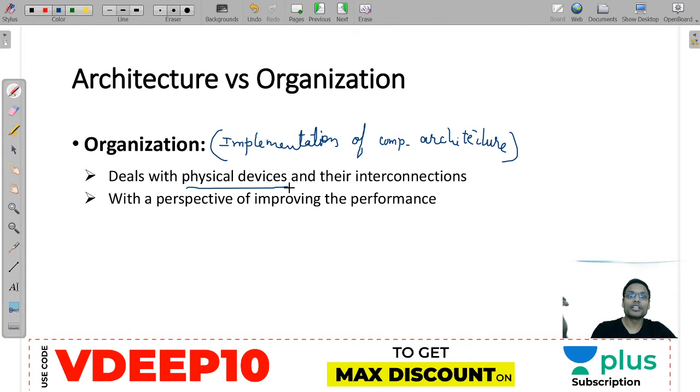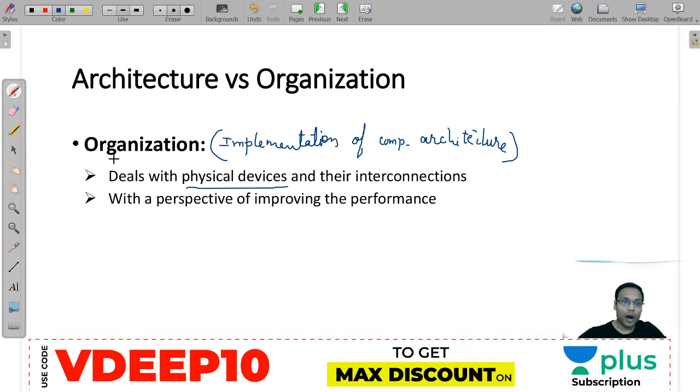Anything, it's your implementation, your decision. You can implement the memory with semiconductor-based memory or something else, or have an associative kind of memory. Every single implementation detail comes in the organization.